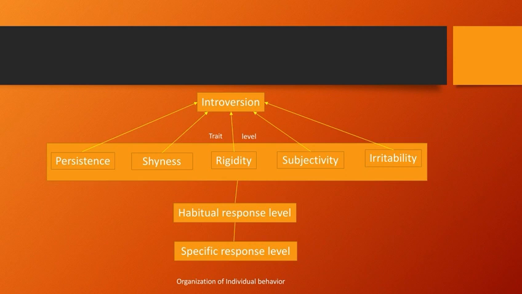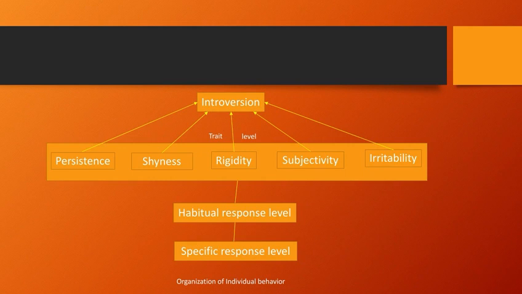At the third level is the organization of habitual acts into traits. These habitual acts, which are similar, are said to belong to one group and they are called traits. For example, in this particular example, the specific response was blushing.